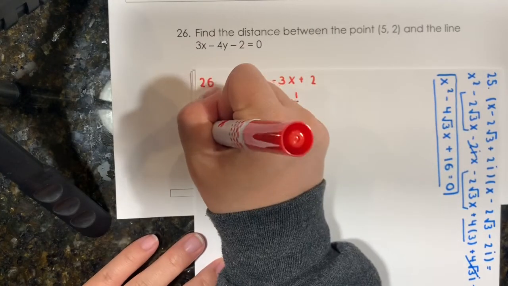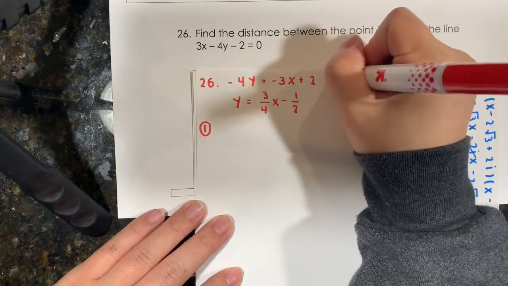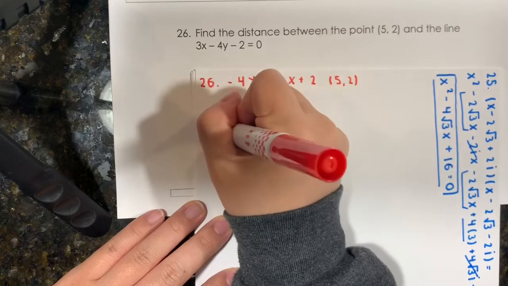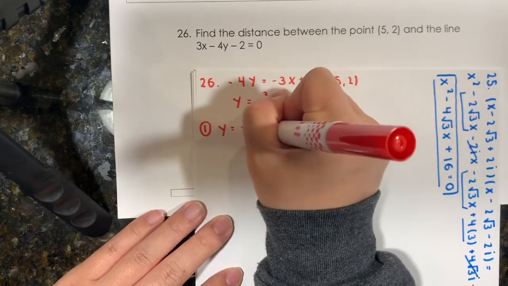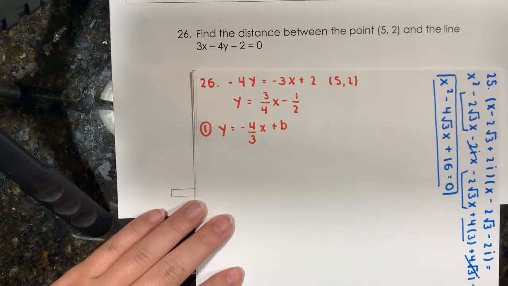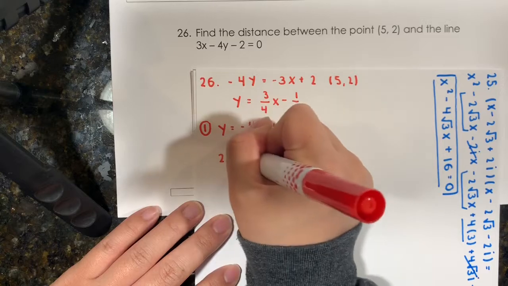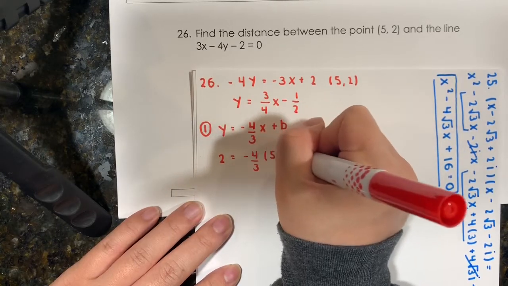Our step 1 is to find the perpendicular to that line that goes through the point 5, 2. So I would take the negative reciprocal of the original slope. Now I'm going to plug in my point. So it's 2 equals negative 4 over 3 times 5 plus b.